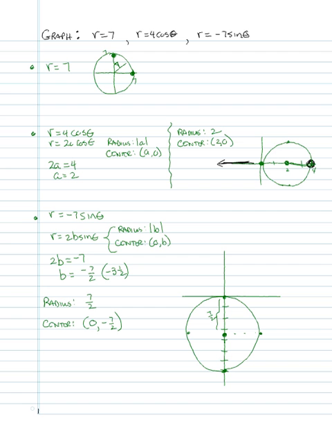Now, a couple of notes that I would like to make before we move on to the next type of graph. If we were plotting points, in the case of r equal a, to create the whole graph, we would have to use every theta value.